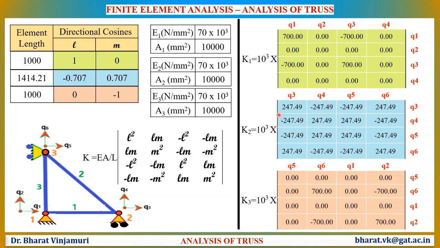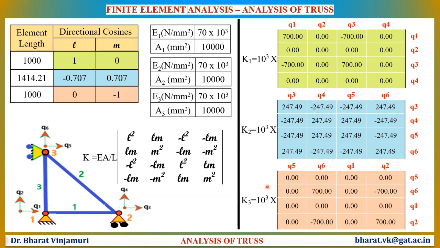Always understand that, as done in the previous example, the element number 1 is in between the values Q1, Q2, Q3, Q4. Element number 2 is in between Q3, Q4, Q5 and Q6, and element number 3 is in between the values Q5, Q6 and Q1 and Q2.